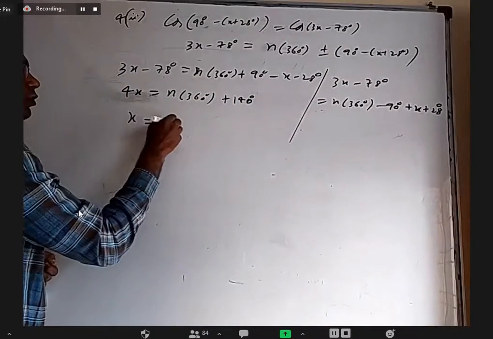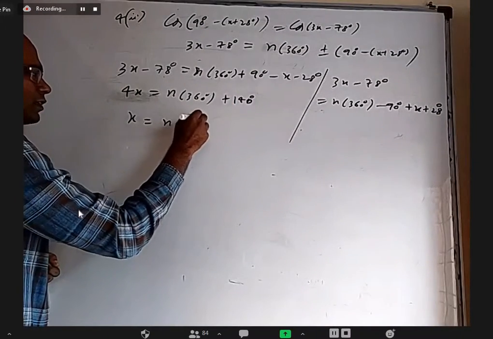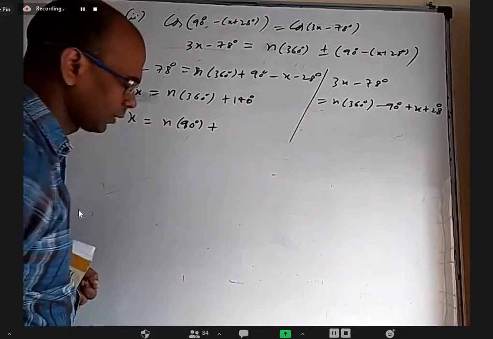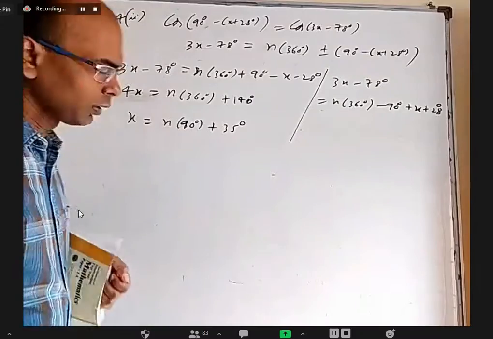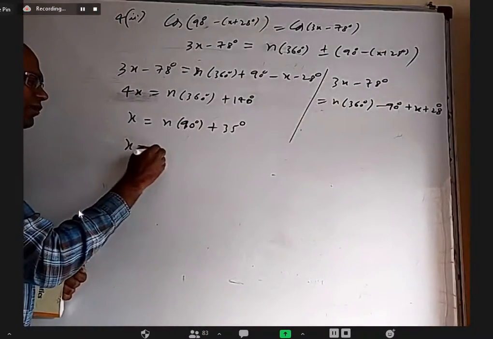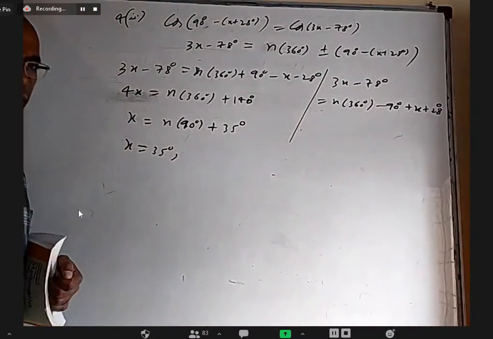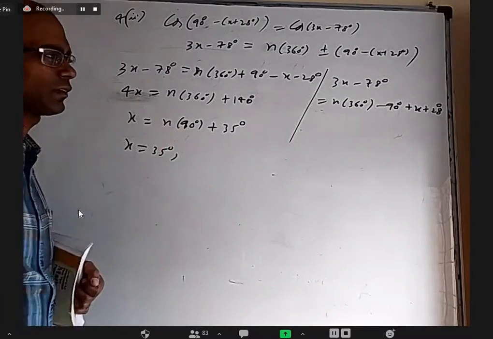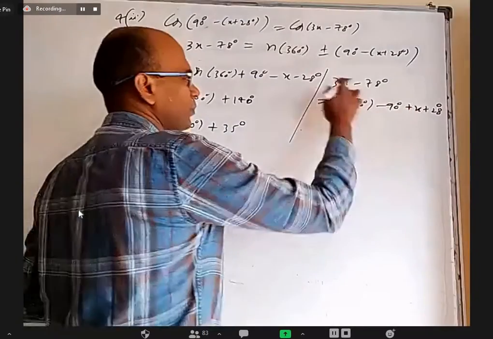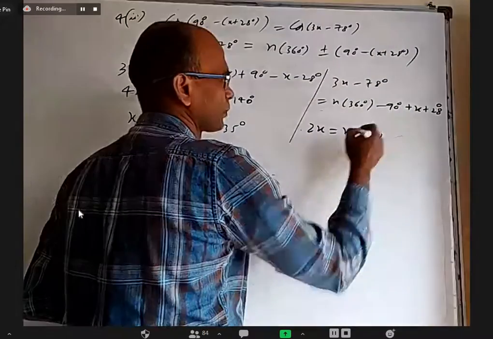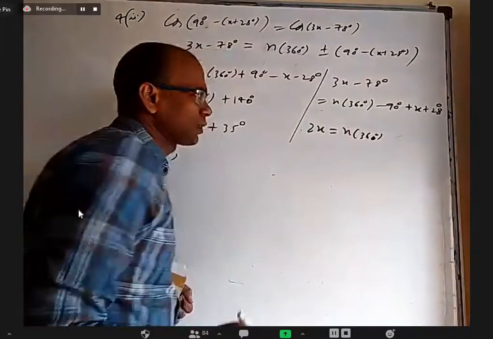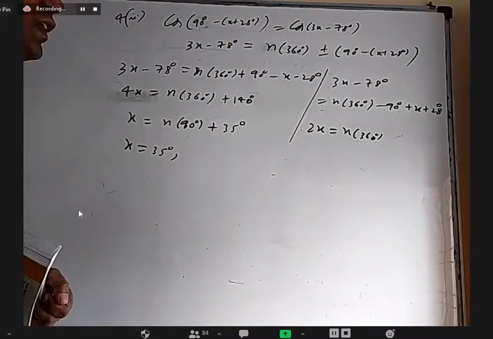When I divide with 4, it is n into 90 degrees plus 140, 70, 35 degrees. If you take n equal to 0, you get 35. If you take 1, you get beyond 90. So in this only 35 will get. Here if I bring x this side, I get 2x, n into 360, 78 plus 28, 140, 156.